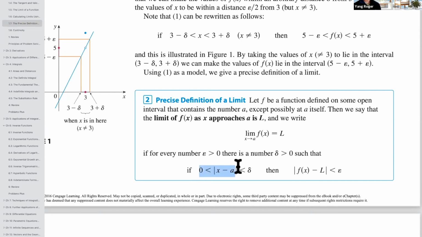Do you see this part on the bottom right here? That part on the bottom is basically describing a distance. So this is going to be a little interval. The center of the interval is at a, and then we're going to go a distance. That curly d is called delta. We're going to go a distance delta on either side.